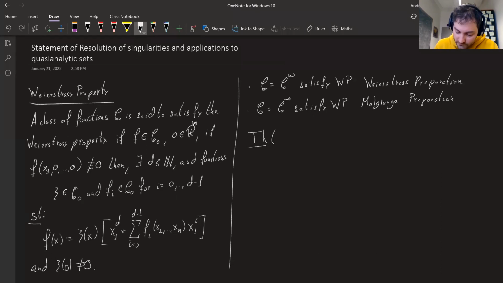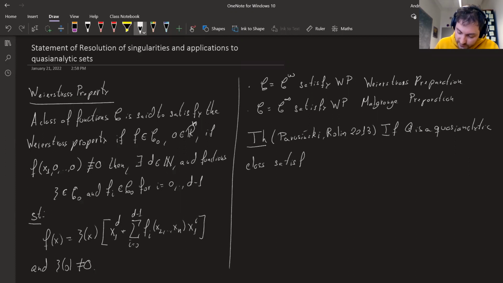The theorem that I'm going to cite, from Rolin, Brzezinski, and Philippe in 2013, is that if Q is a quasianalytic class satisfying the Weierstrass property, then Q is the analytic class.